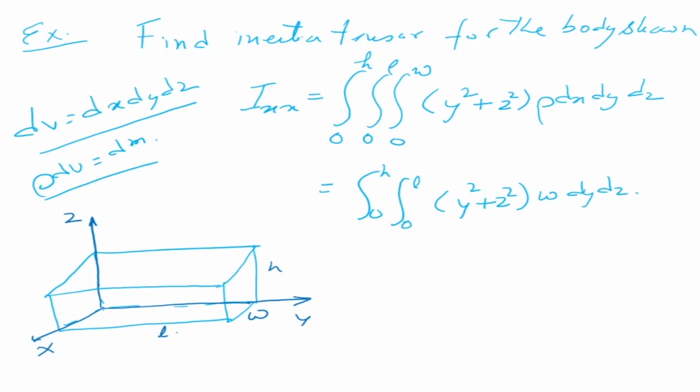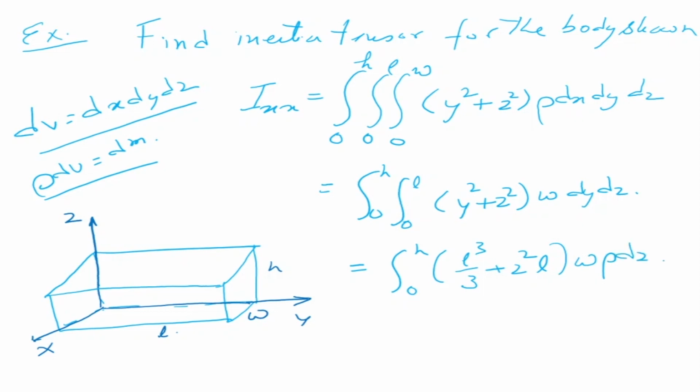Then we integrate with respect to y. So this becomes the integral from 0 to h of (L cubed by 3 plus z squared L) into w into rho dz.